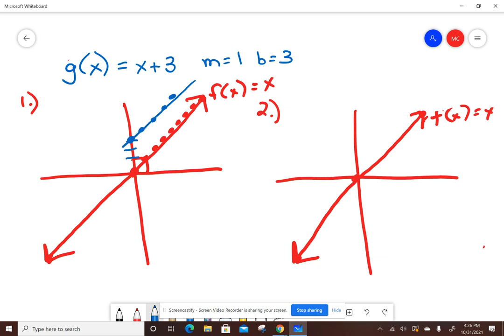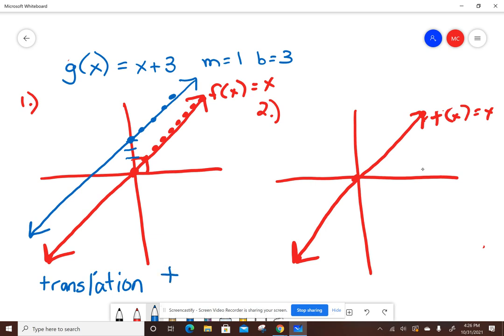And I realize this line is parallel to the parent linear function. It is parallel, but it has shifted up 3. So when something shifts either up or down, we call that a translation. So this is a translation of the parent linear function.